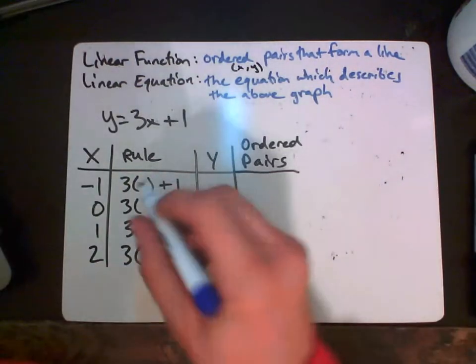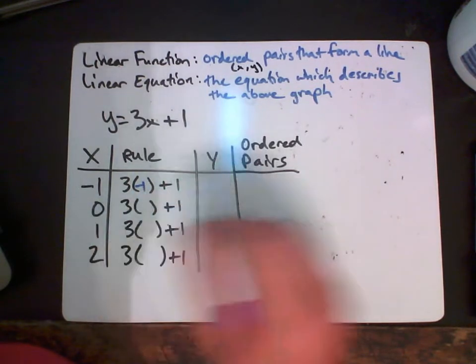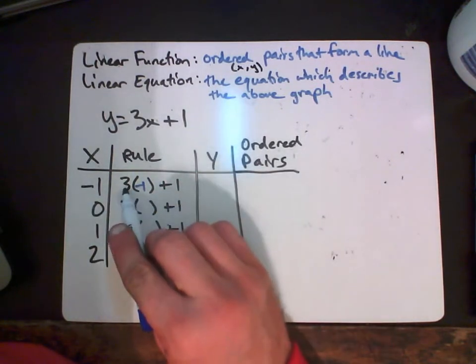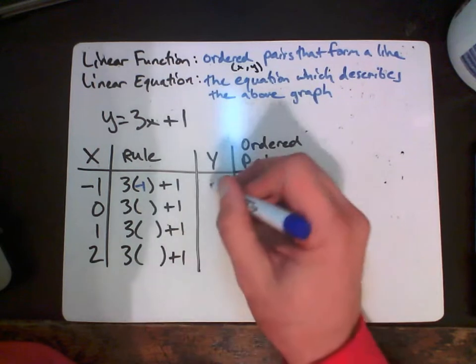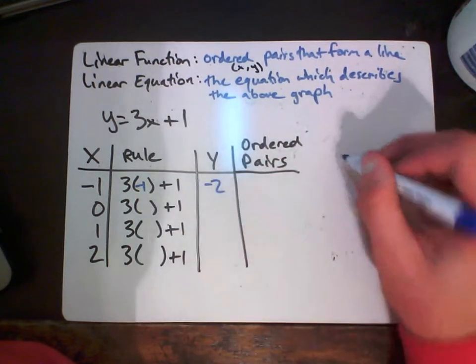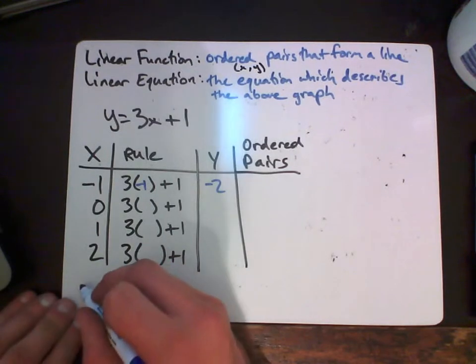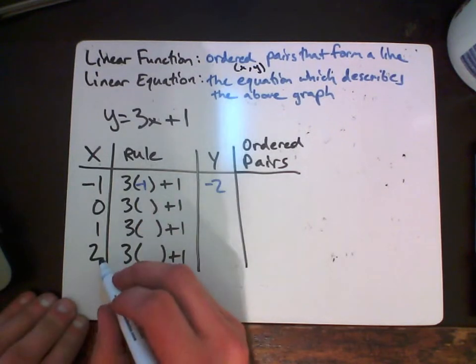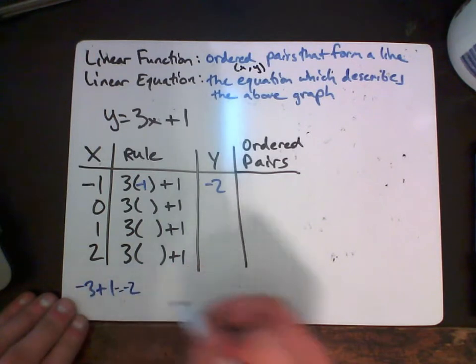Alright then, let's plug in those values. When x is equal to -1, plug it in. 3 times -1 is -3. -3 plus 1 is -2. Again, I'll write that off to the side, so it's a little easier for you to visit. -3 plus 1 is equal to -2.